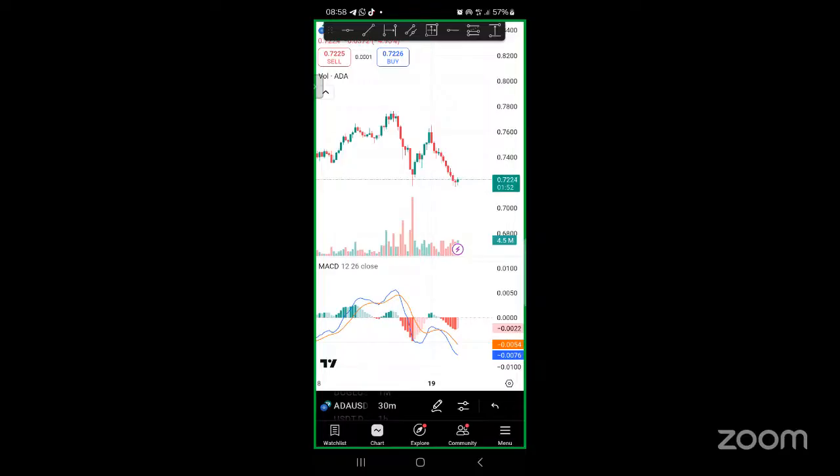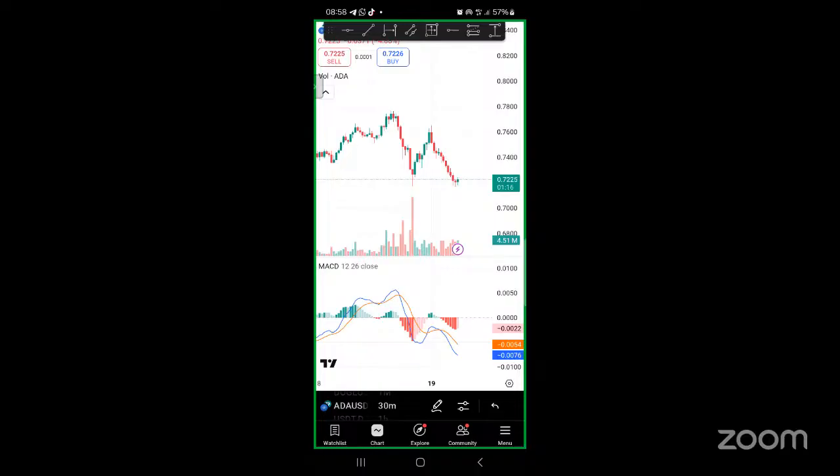It means the blue line looks at less data than the orange line, so the 12-candle line is going to be moving faster compared to the orange line.